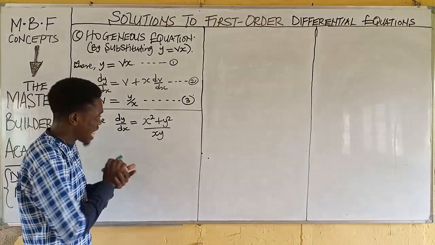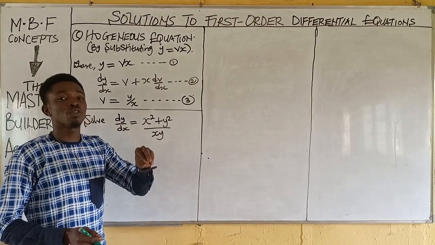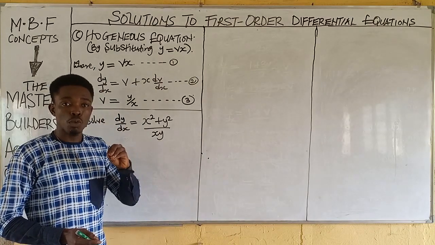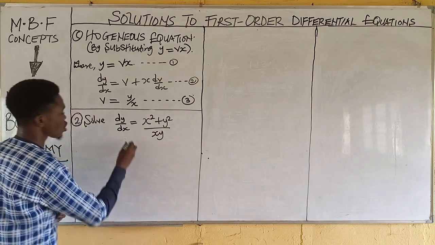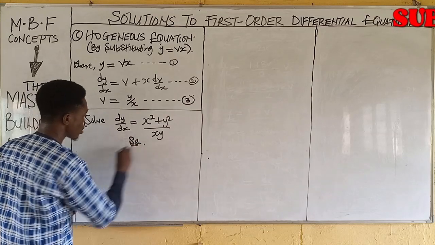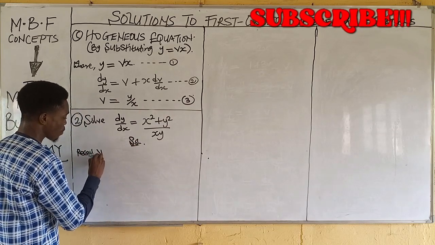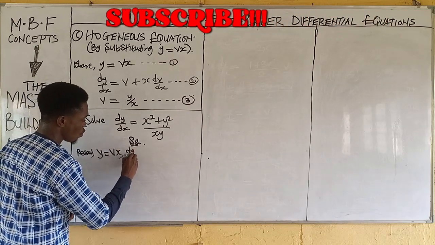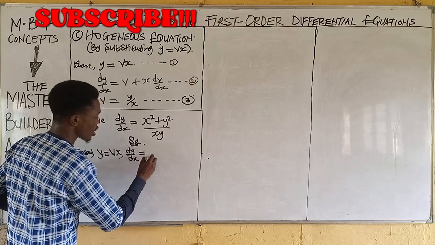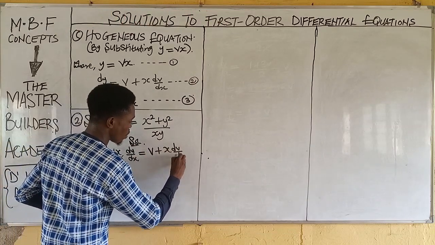In as much as that is impossible here, all we need to do is to make use of the homogeneous equation where we replace y with vx. So all you just need to do, if this is your solution, just say recall that y is equal to vx and dy over dx is equal to v plus x dv over dx.